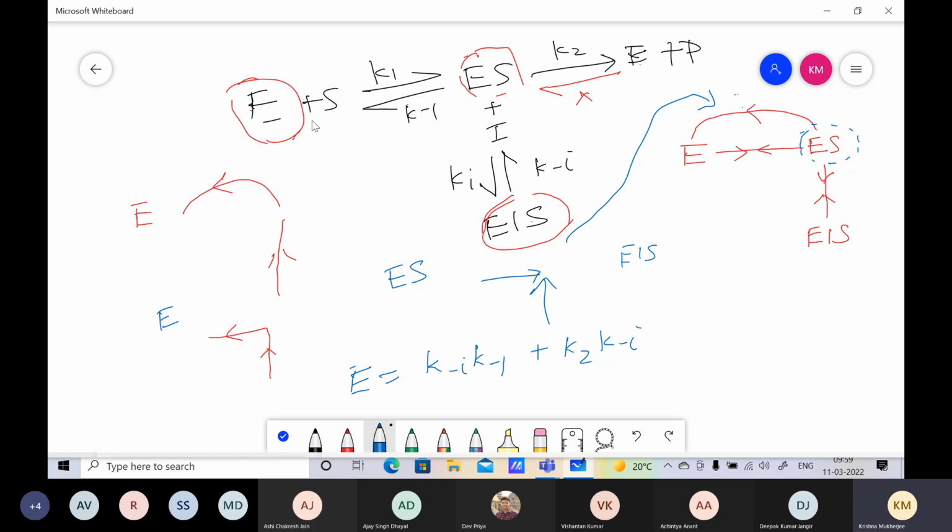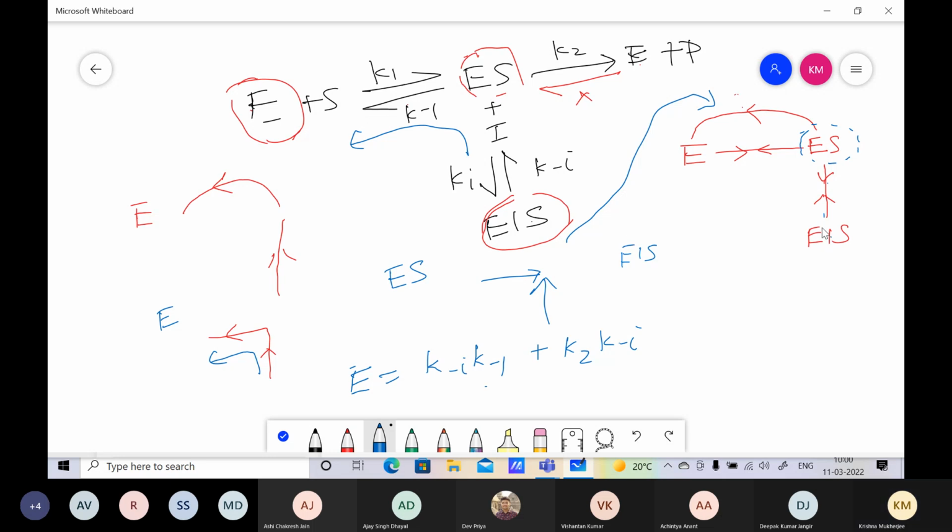So this is what is forming E. We have to go from here. See, this is one E formation, which is this one, and the other is this formation. So there are two things. You see, this EIS, this is K minus I, of course, K minus I into K minus 1.